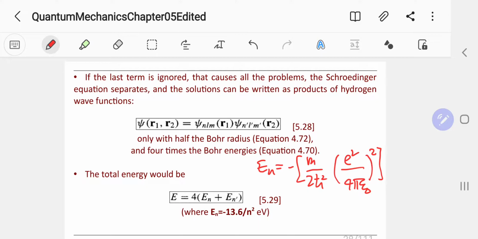So this one here you have divided by this negative 1 over n square.